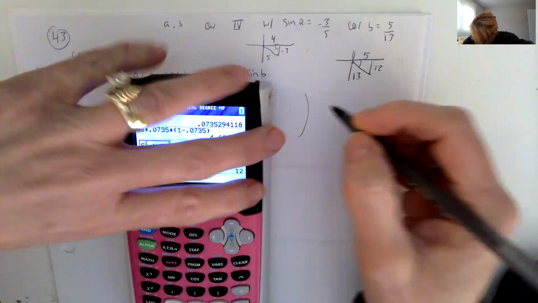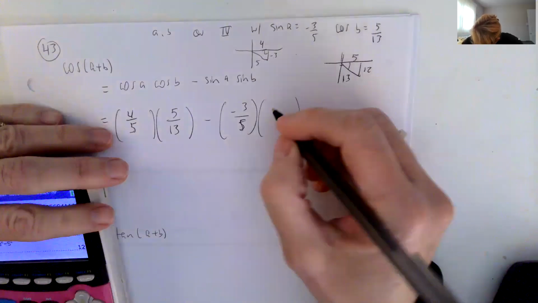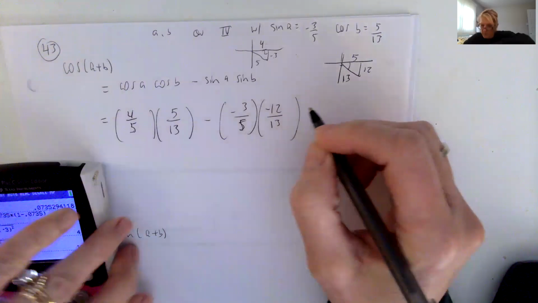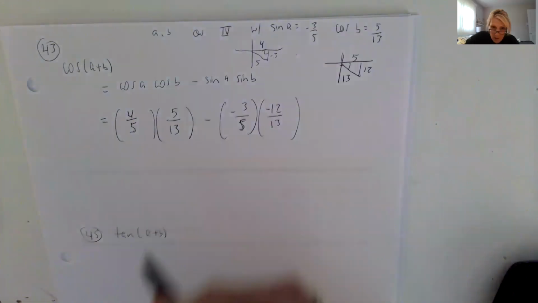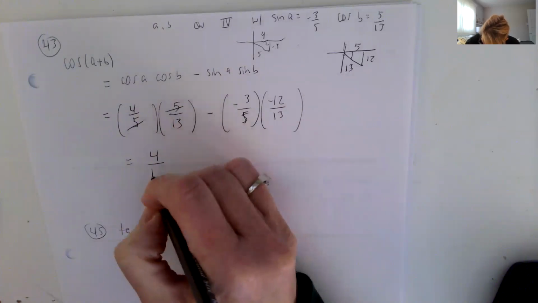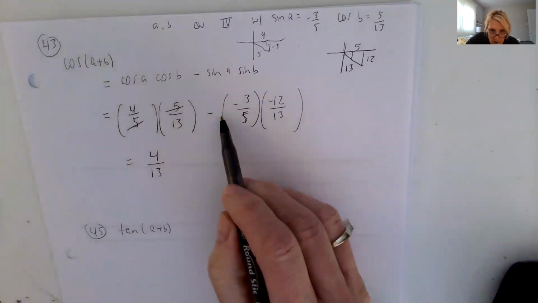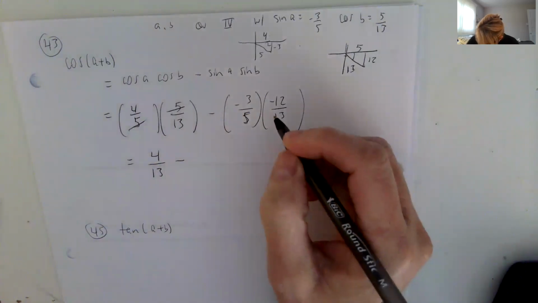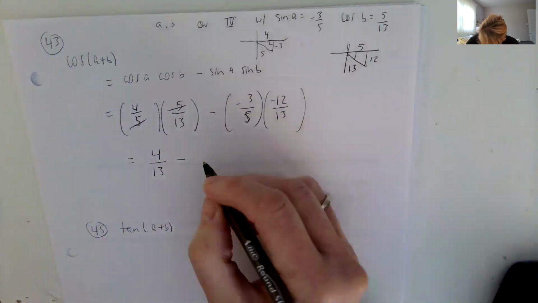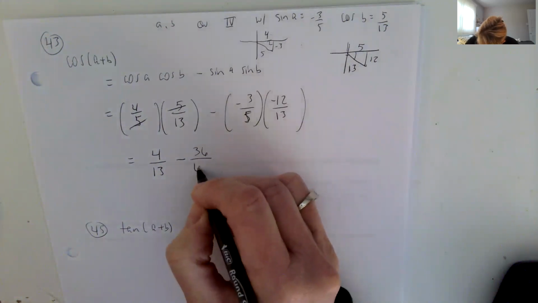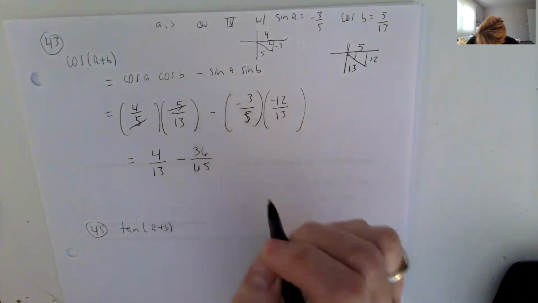So that means sine in the fourth quadrant is a negative 12/13. So we have these 5's cancel, and we have 4/13. Negative times a negative times a negative is still a negative. And that's going to be 36 over 65.